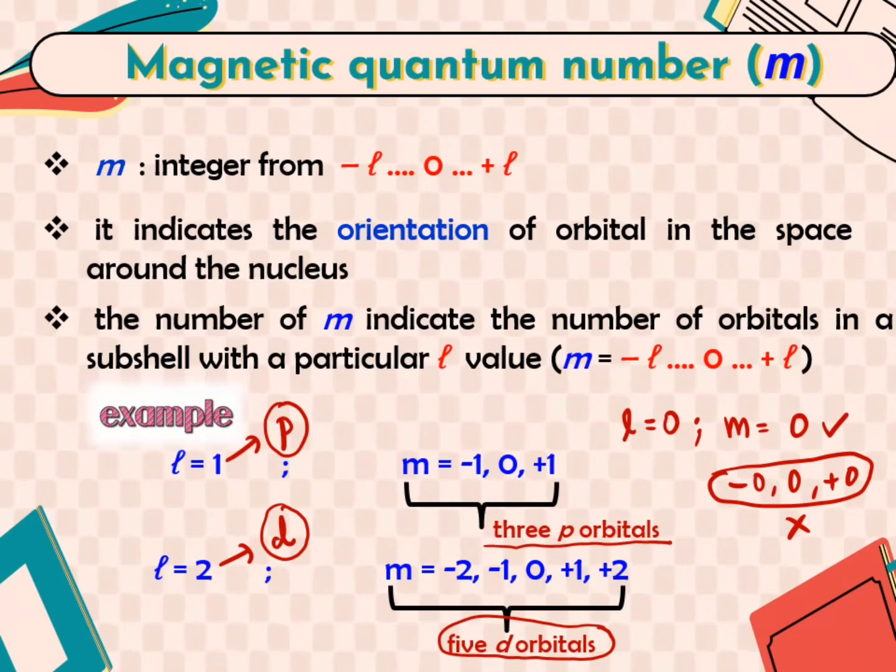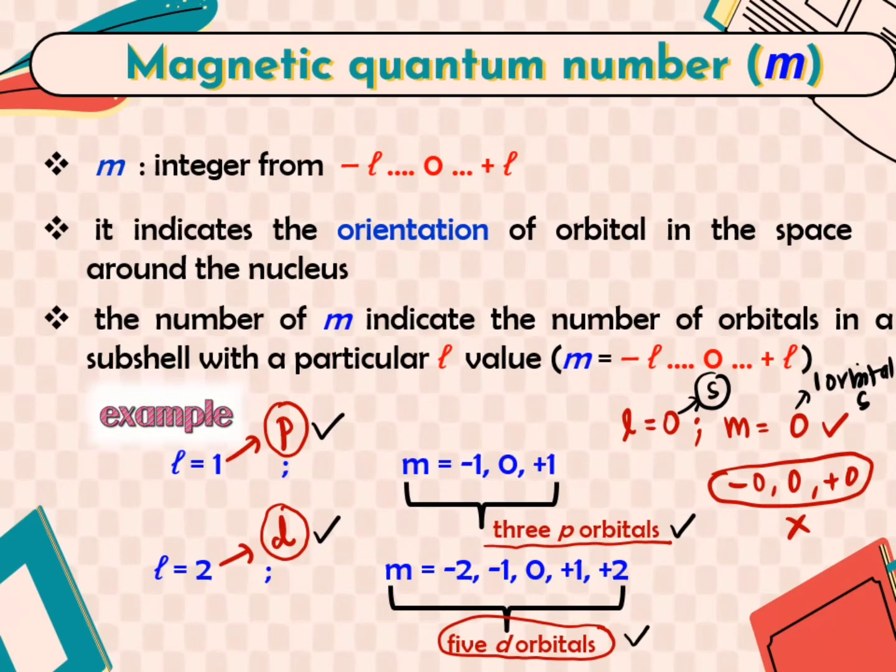So sebab tu nanti l equal to 0 refers to s shape. So that's why untuk rumah s, dia akan ada satu orbital s sahaja. Satu jenis orbital s sahaja. Tapi kalau rumah p, dia akan ada 3 types of p orbital. For d, dia akan ada 5 d orbitals. So dia akan ada 5 bilik yang berbeza.